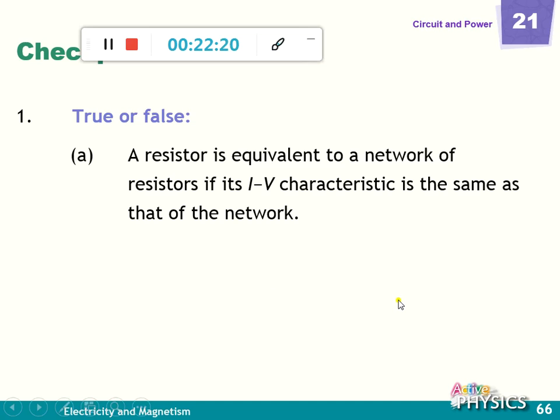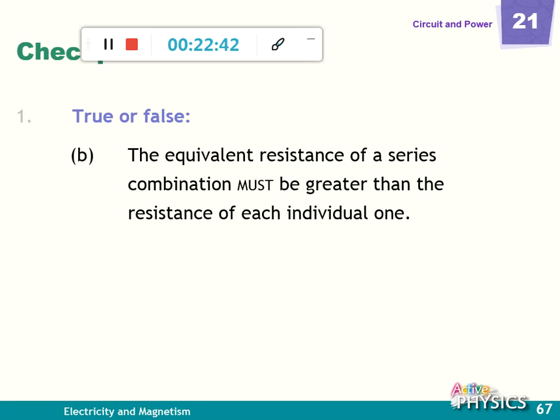The answer is yes. This one tells us that the equivalent resistance will have the same characteristics as all resistors connected in parallel, or connected in series, or in other combinations.